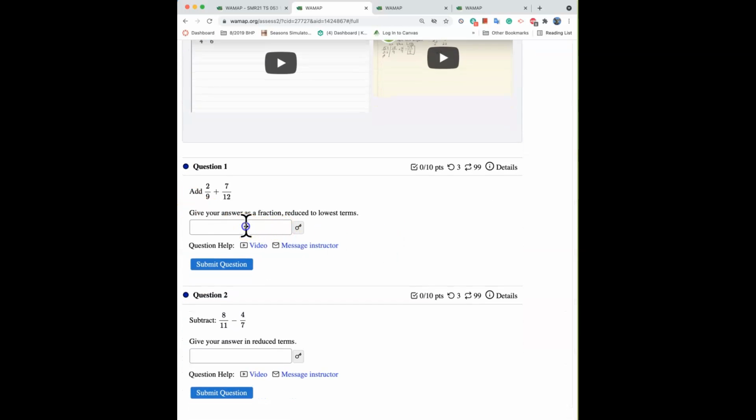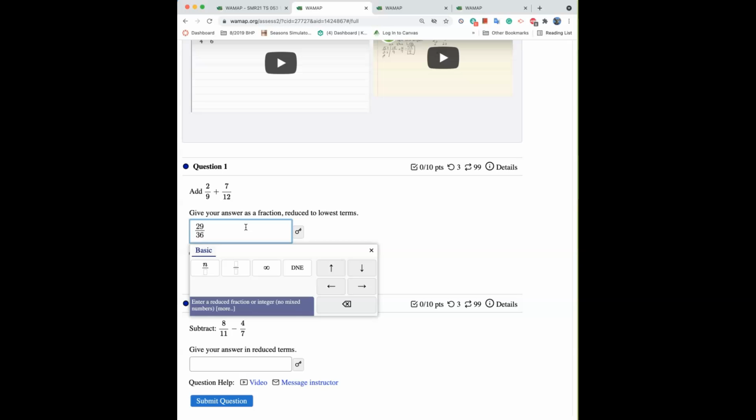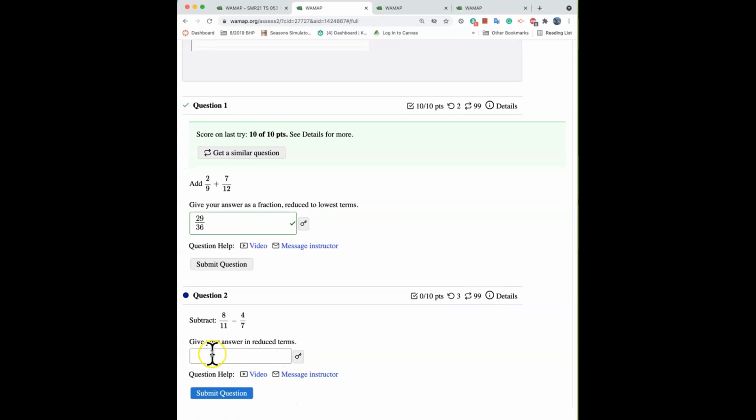All right, so 2 ninths plus 7 twelfths was 29 36ths. Okay, that one was right, and we fortunately did not have to reduce there. And the next one, 12 77ths.